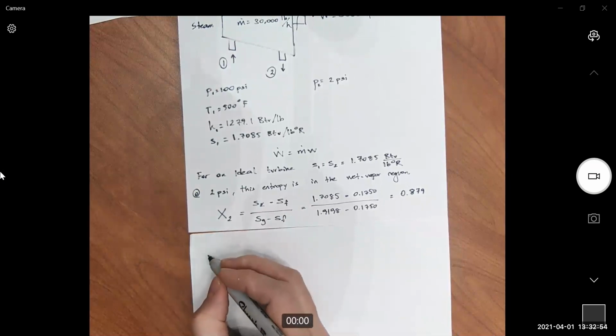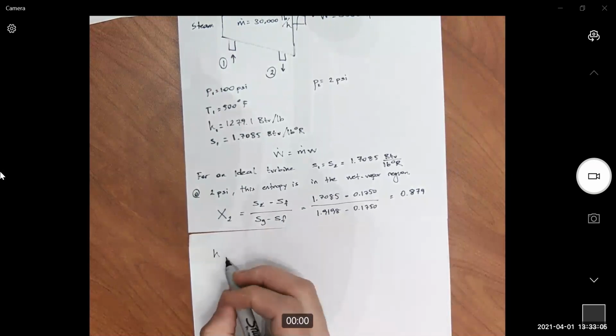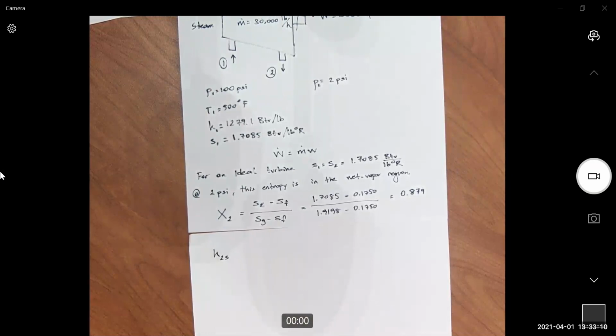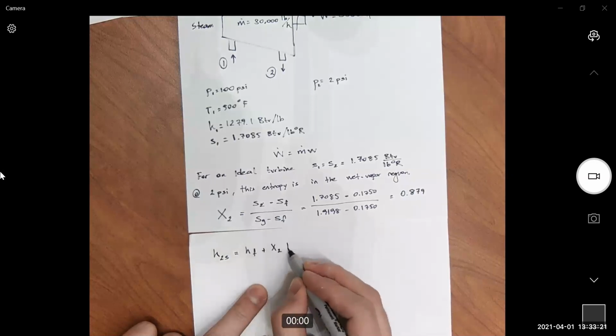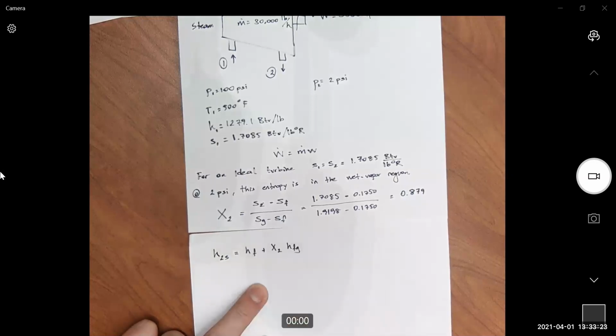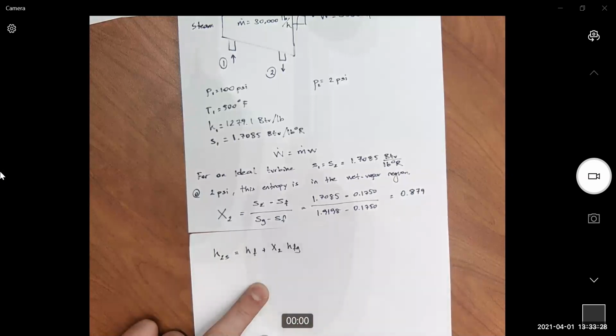All right. So by knowing my quality factor at the exit, I can now calculate my enthalpy, the volume, internal energy, enthalpy at the exit. We are still talking about an ideal turbine, all right? H2 equals HF plus X2 HFG. HFG stands for enthalpy difference, HG minus HF.